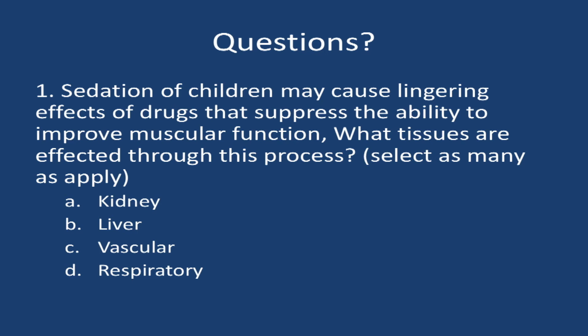So the vascular system and the respiratory. Both the kidney and the liver are influenced by the drugs that we have, but are not as critical as the vascular and respiratory system. So selecting both vascular and respiratory as tissues that are affected through this suppression by our sedative drugs, that's one of those we must pay attention to.